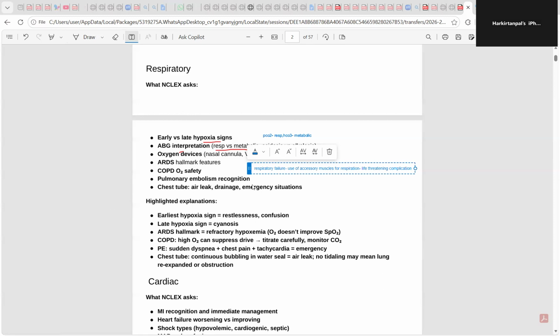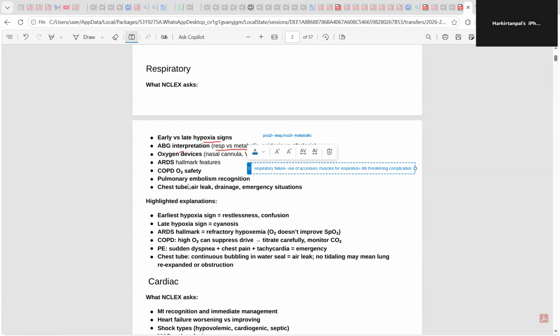And we need to identify pulmonary embolism. That means if the client is complaining of sudden sharp chest pain and severe dyspnea, and if the client is showing any crackles, that indicates pulmonary embolism.